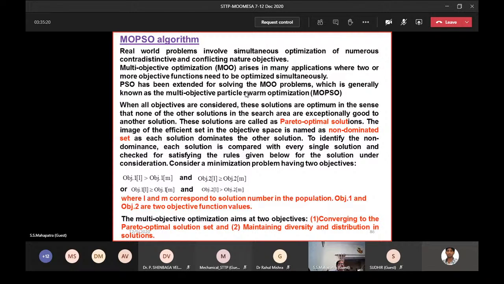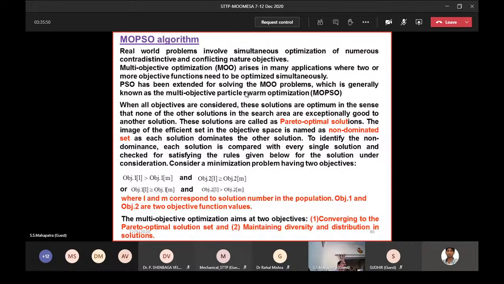If a solution is superior to another solution in all respects, in all objective functions, then it is a non-dominated solution, or a solution which is superior at least in one objective function, then also it is called a non-dominated solution. So we find out the non-dominated solutions.